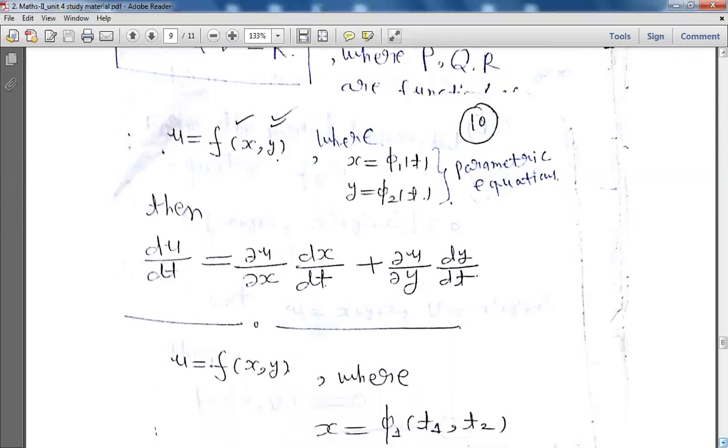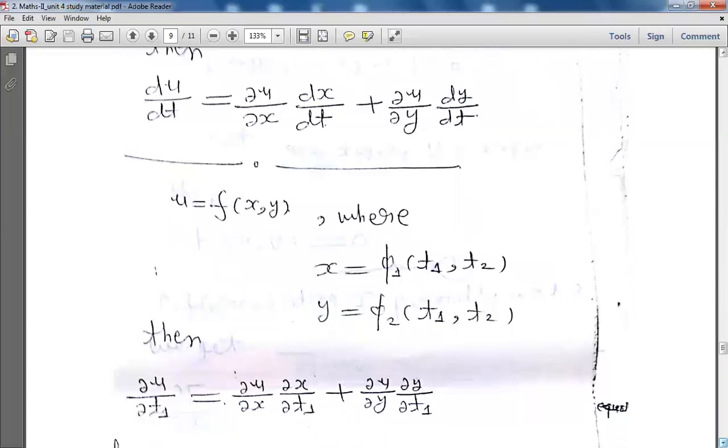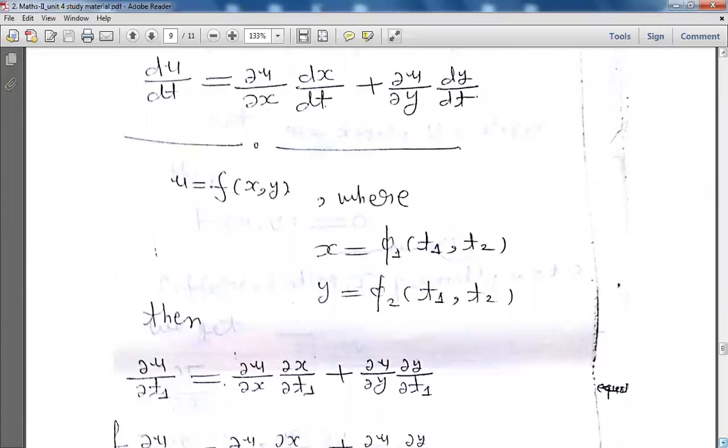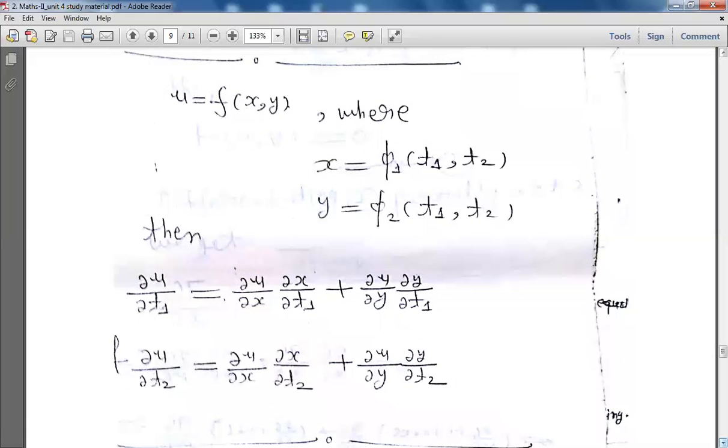If the independent variables are functions of more than one variable, then we can adopt the same rule. u is a function of x and y, and x is a function of t1, t2, that is phi 1 of t1, t2. y is also a function of two variables t1, t2, that is phi 2 of t1, t2. t1 and t2 are two independent variables, and x and y are functions of t1 and t2. So these two relations are called parametric equations, and the new variables t1 and t2 are called parameters.